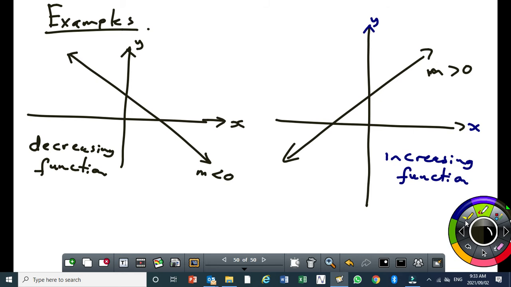But for the second graph, the y values are becoming more positive as x increases, therefore the function is what? Is an increasing function. Furthermore, the gradient is positive. Generally, if you can understand the concept of gradient, you can use that to distinguish whether the function is increasing or decreasing.